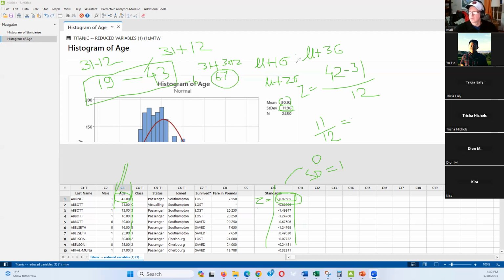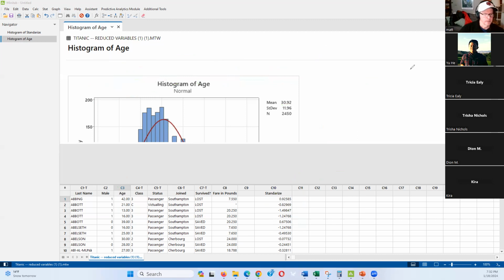Okay, so this is the histogram of age. So this is right here. Can you see my screen? Yeah, I got it. I think I got to that as well. Could you just go over actually what column you did to get the mean and standard deviation again?